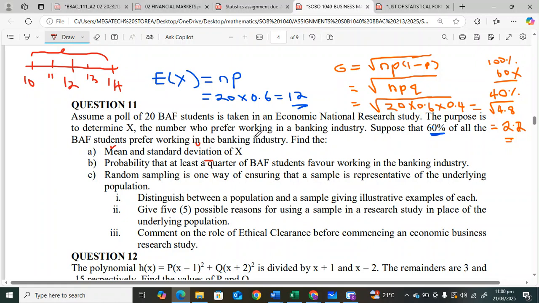It's either you prefer working in the banking industry or you don't. So the probability that a student prefers working in the banking industry is 60%. So that's where the 0.6 came from. Then this 0.4, this 40%, represents the probability that a student doesn't prefer working in the banking industry.